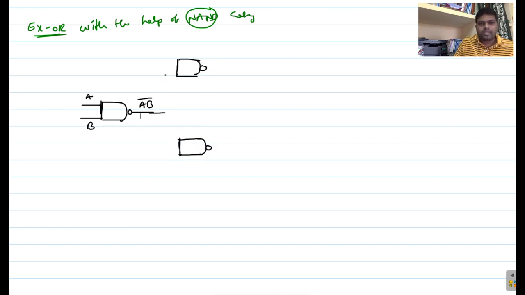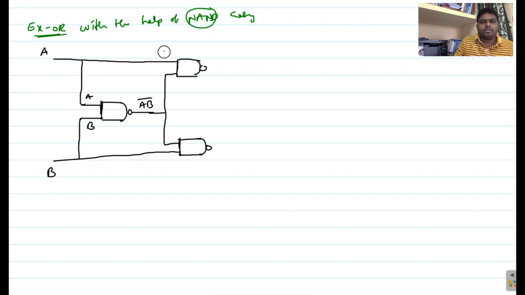This AB bar is connected to both NAND gates as one input, and the next input I will connect directly. So this is A and this is AB bar, and this is B and this is AB bar. Now these two are connected to one NAND gate.